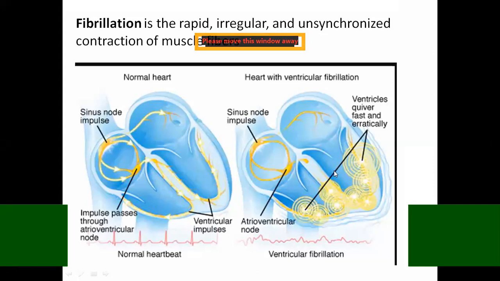See here, in the olden days they used mechanical methods, just pressing on the chest to try to normalize the functioning of the ventricles. If that is not working, then we have to go for giving an electric shock to the heart.